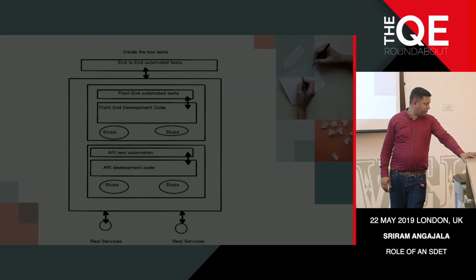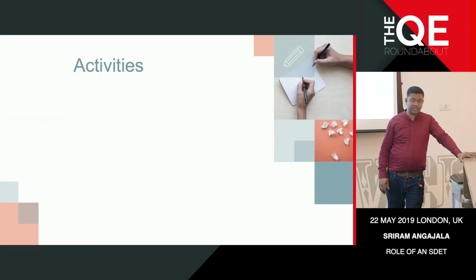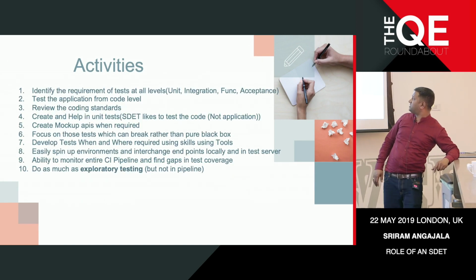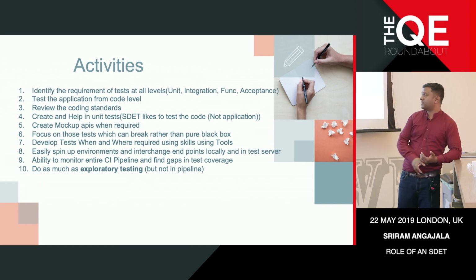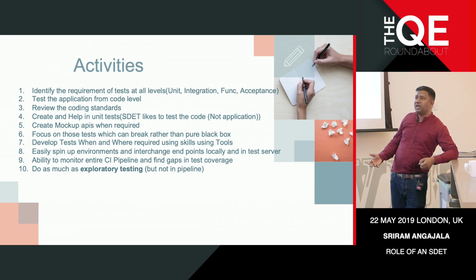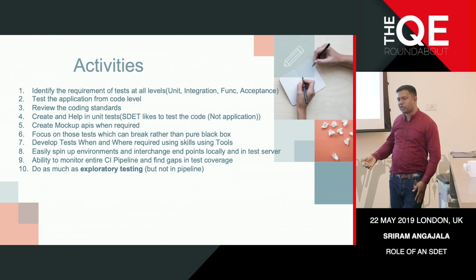Okay, coming to the next one, the activities of an SDET. I know it's a big list, but I'll be quickly going through them. You should be able to do the unit tests, or at least verify the unit test coverage. One important thing is code pull request approvals.